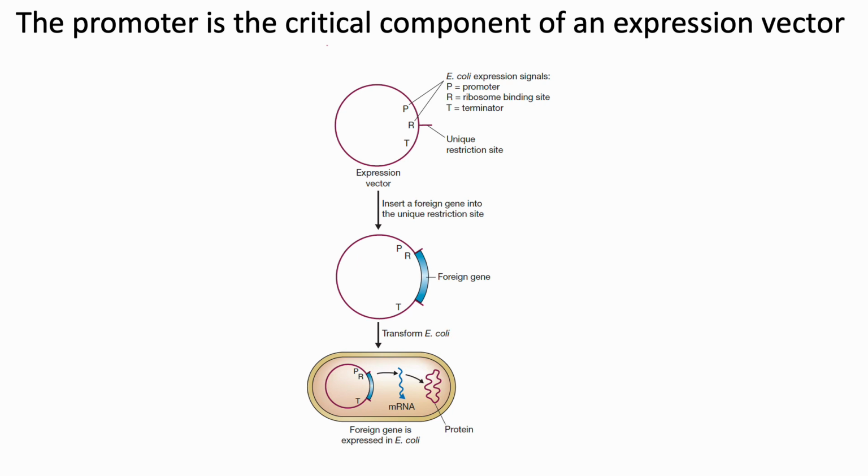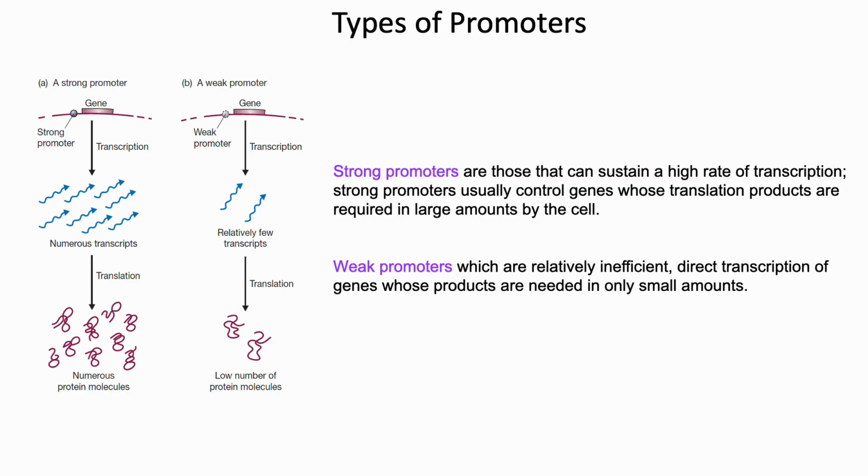Most of the E. coli promoters do not differ much from the known consensus sequence we have discussed in the previous slide, and the small variations may have a major role in the efficiency with which the promoter can direct transcription. In this slide, we will discuss two kinds of promoter, that is a strong promoter and a weak promoter.